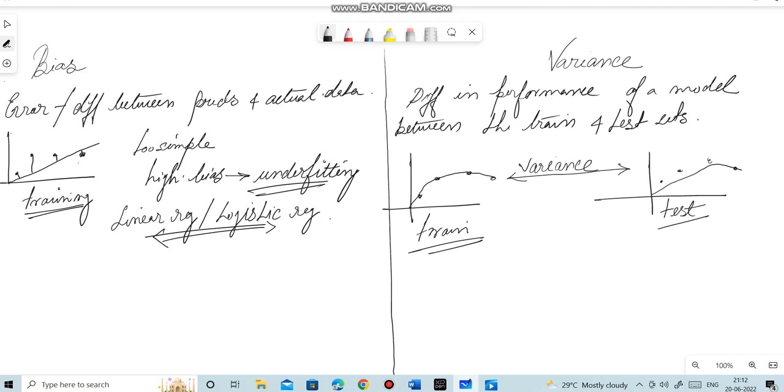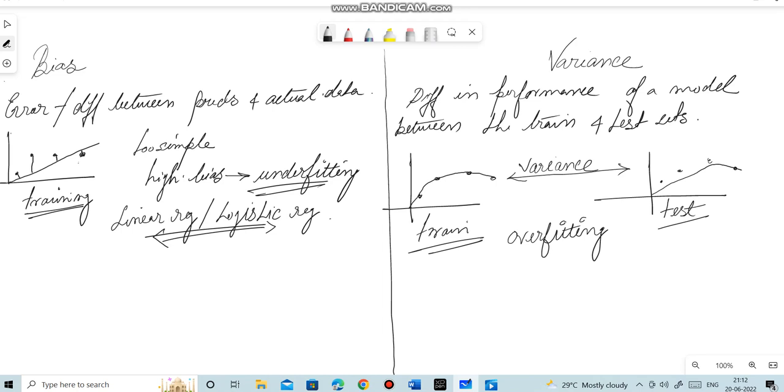Now what does high variance lead to? High variance leads to something we know as overfitting, which means our model is kind of memorizing the data while training and not able to generalize well. Hence, when we give it new data to test it upon, it fails.